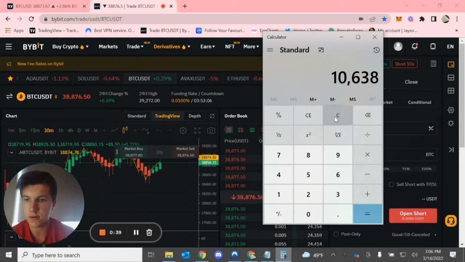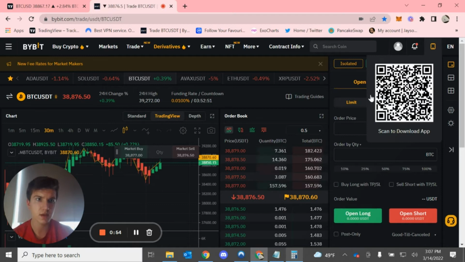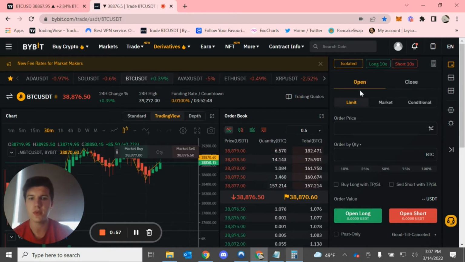I rounded down so it makes things less complex, especially when you are putting it into your broker. In this case, I am using Bybit as my broker. And with this, we can actually go to the calculator, which is right here.